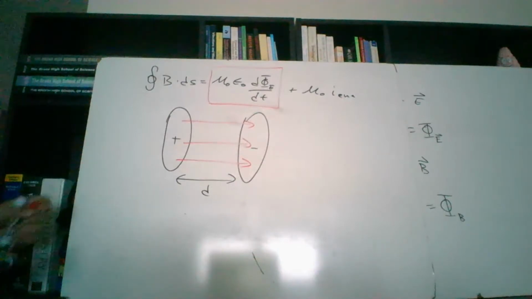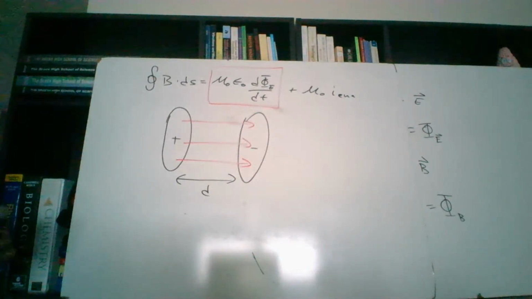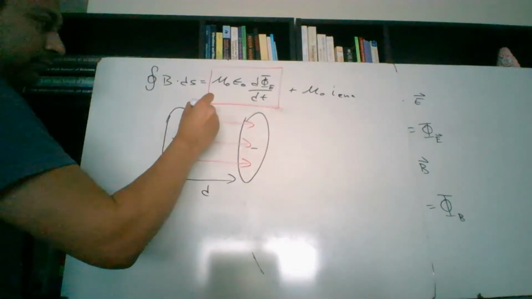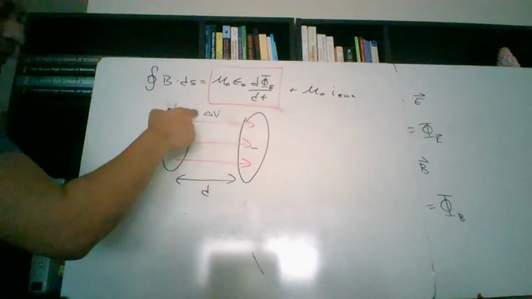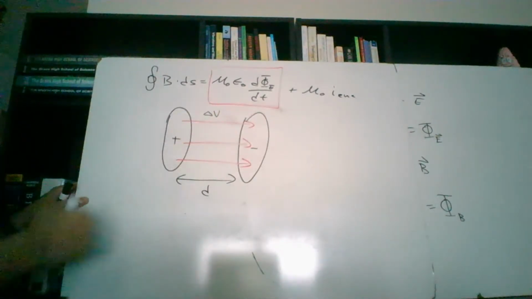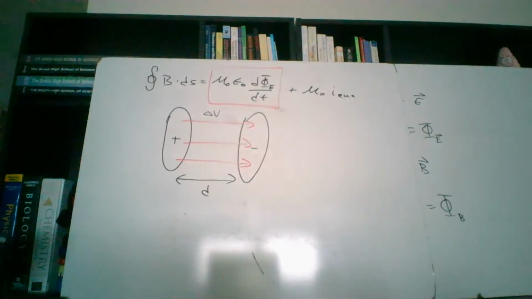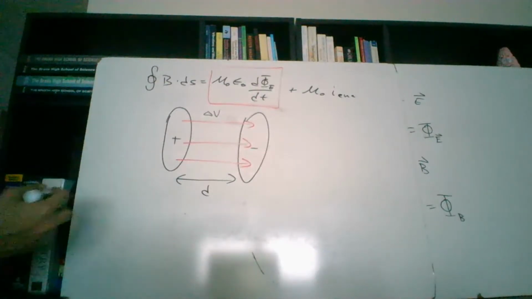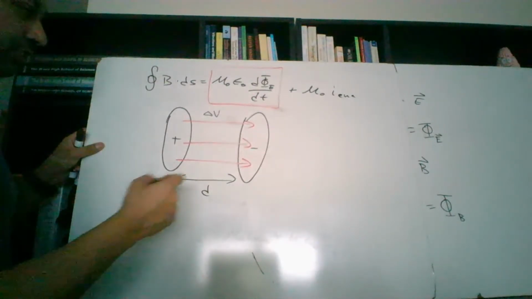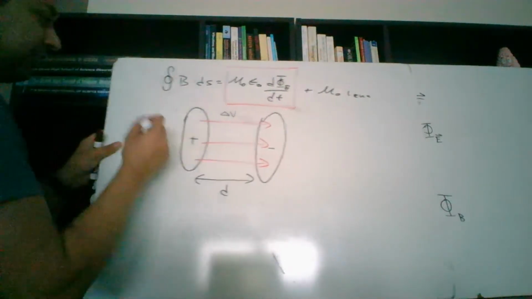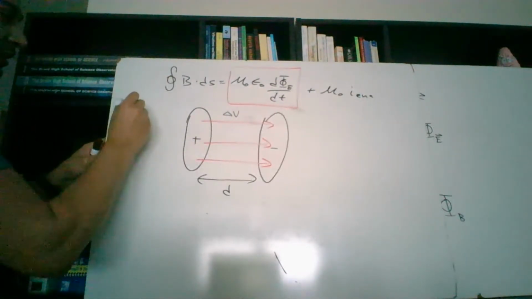And there's going to be a voltage across them, delta V. So we've got delta V, the distance d, and we also know the area. Let's write down everything that's given.